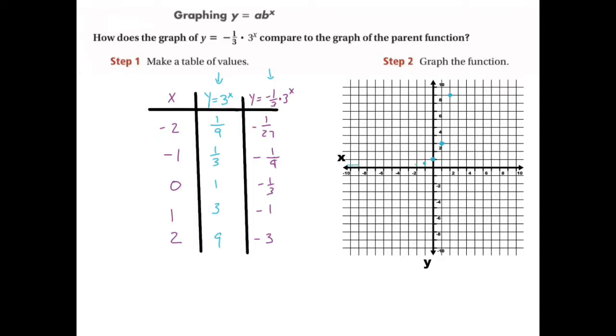So this one we have this exponential function getting ever closer to the x-axis, and then it increases as it goes to the right. And so there is the y equals 3 to the x. Now we want to graph y equals negative 1/3 times 3 to the x power, or our transformed equation here.